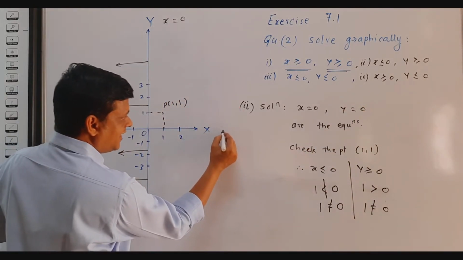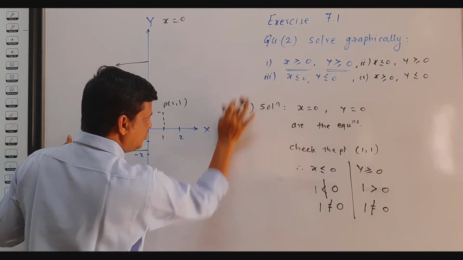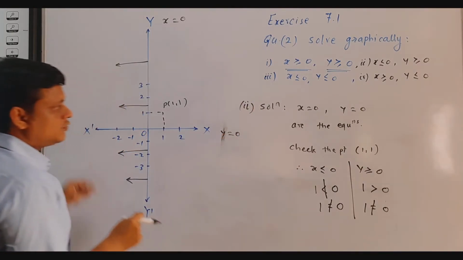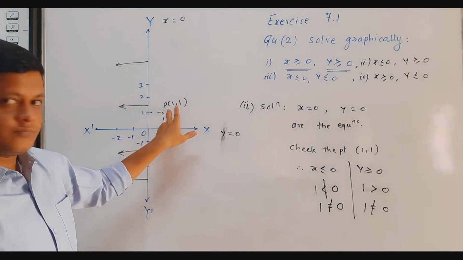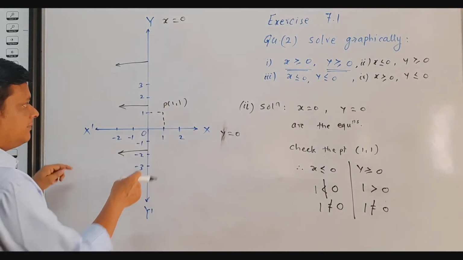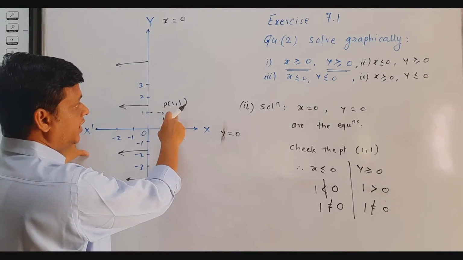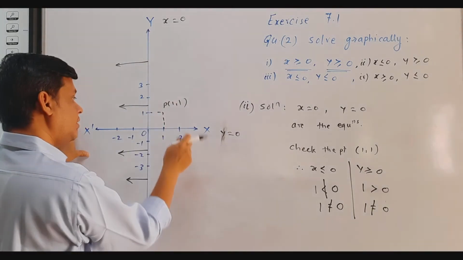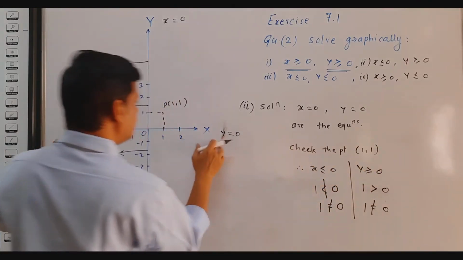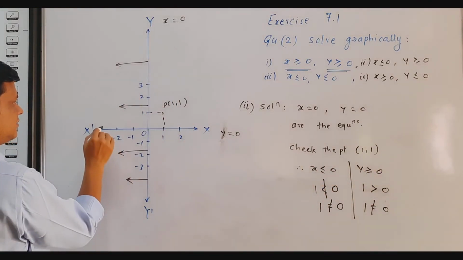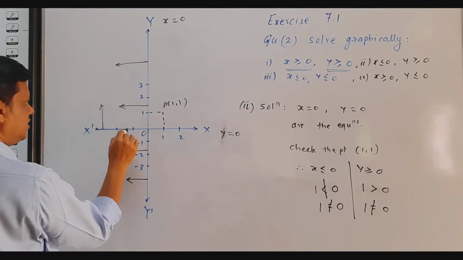So x-axis has the equation y equals to 0. So for this we check point P of 1, 1. So we have to mark here to the upper side because this inequality holds for the point 1, 1. So we mark towards this point. So solution.